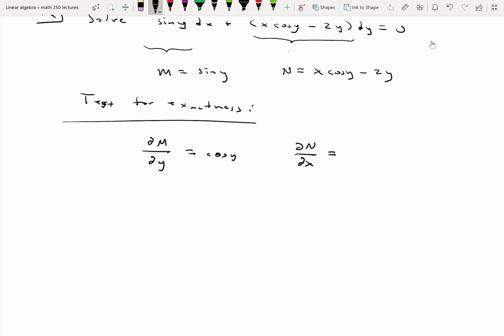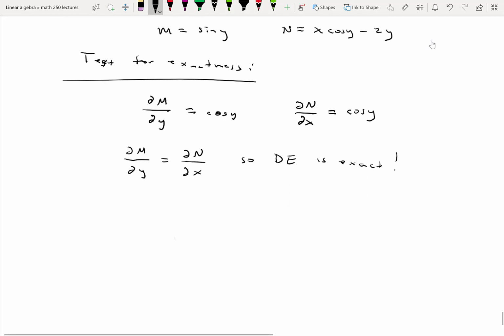The only live variable is x. What's the derivative of x? It's 1. So the derivative of x cosine of y is just cosine of y. What's the derivative of 2y with respect to x? It's 0, because when you take a derivative with respect to x you hold y constant, and the derivative of a constant is 0. In any case, the partial derivative of M with respect to y equals the partial derivative of N with respect to x. So the differential equation is exact.